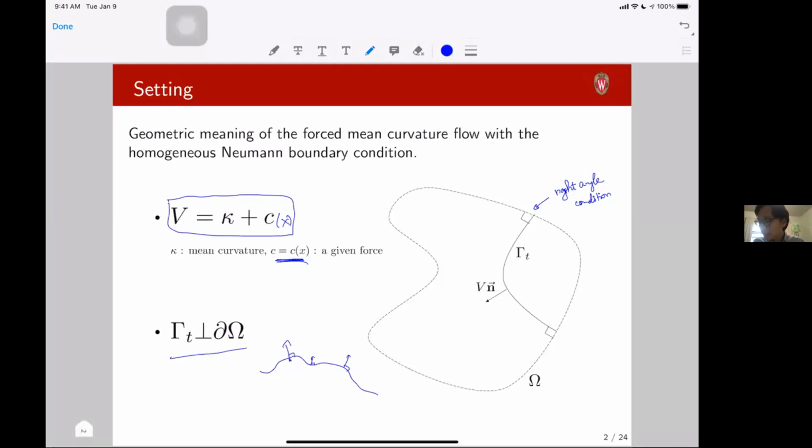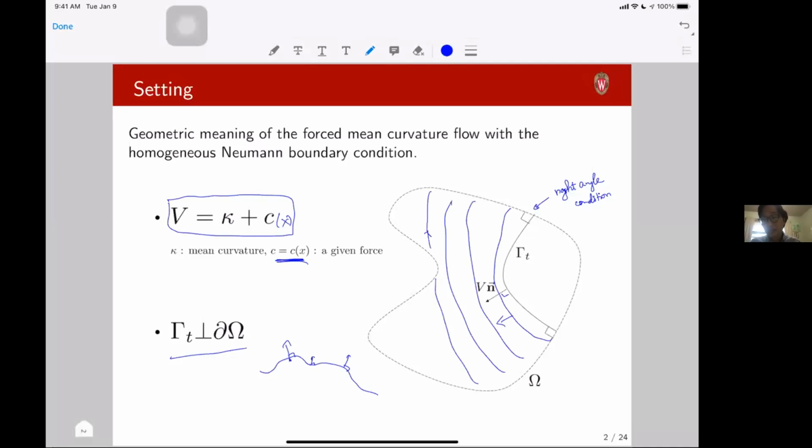What is interesting in this problem, of course, is that we have not just the mean curvature, which is really the key point here, but also the variable velocity together with the right angle conditions. So the question is that as time goes, are we sure that this front is going to be kept the same, or once we move further and further down the road, maybe we're going to encounter some topological changes, like in the talk yesterday?